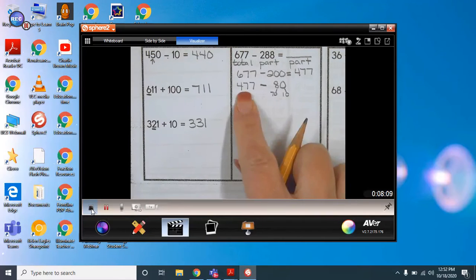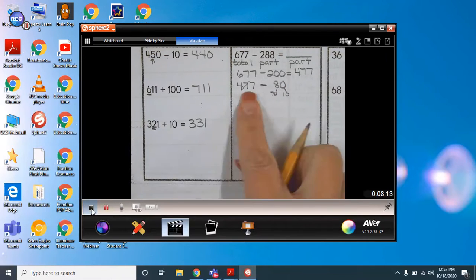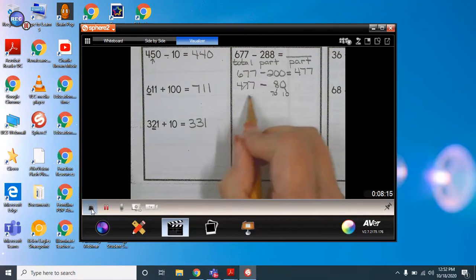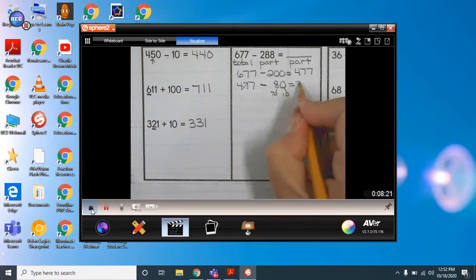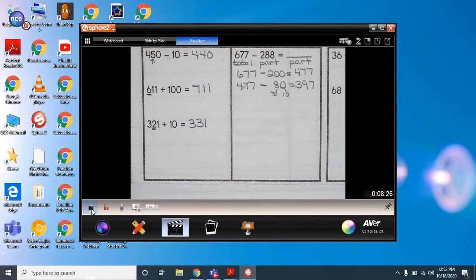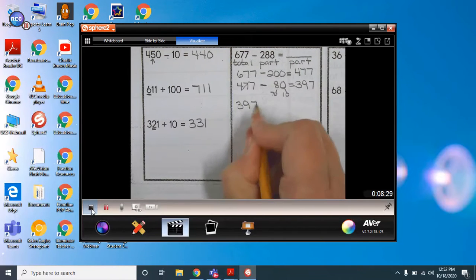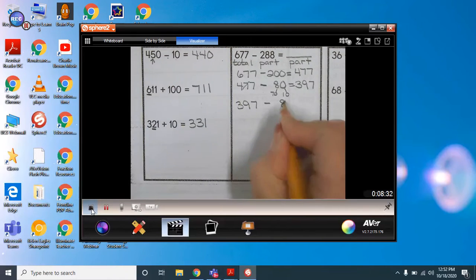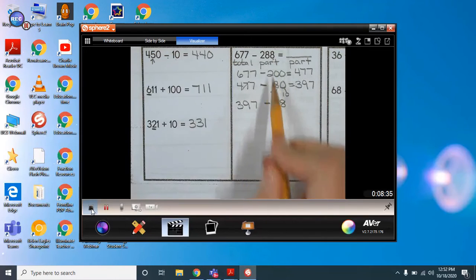So if we subtract that 70, that would leave us with 407. And if we subtract another 10, that would leave us with 397. We take the 397 and subtract the 8 here in 288.